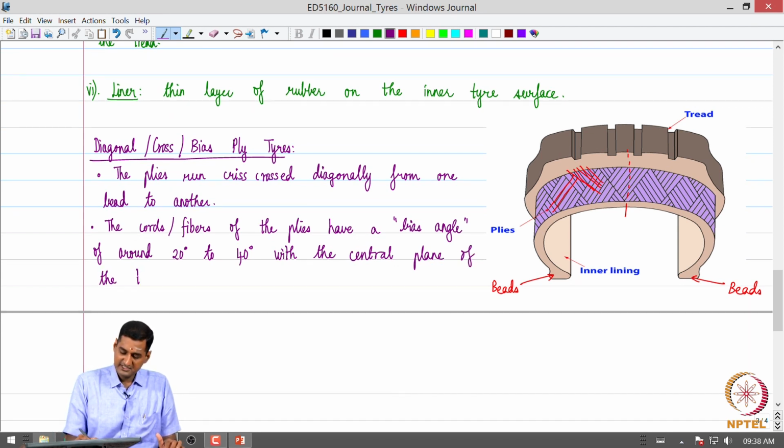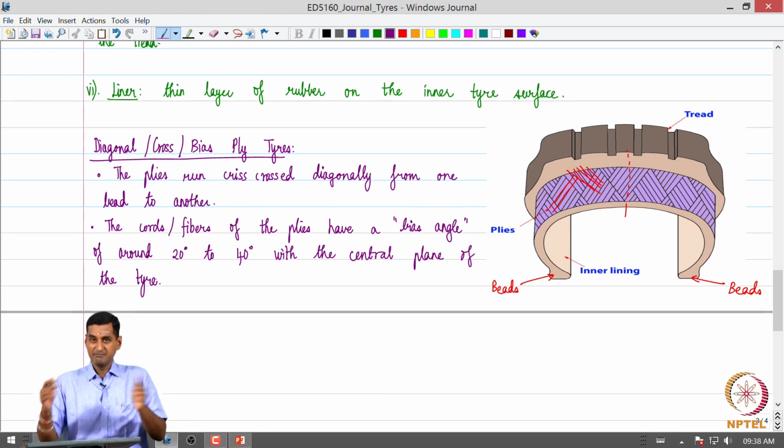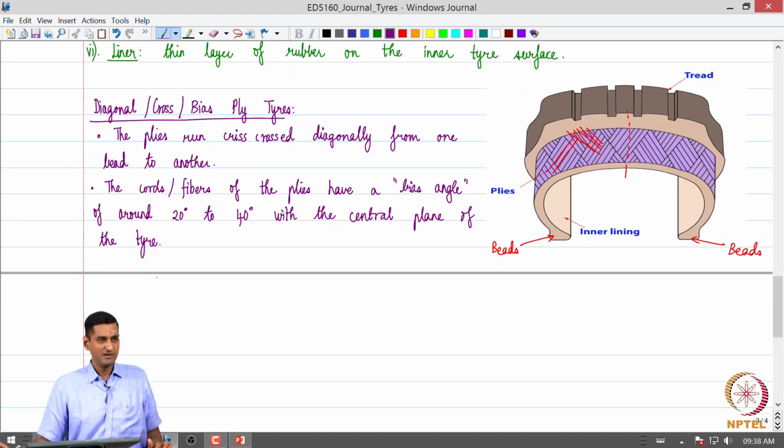And of course, these plies are wrapped around the bead core at the bottom. And that is how these plies run.